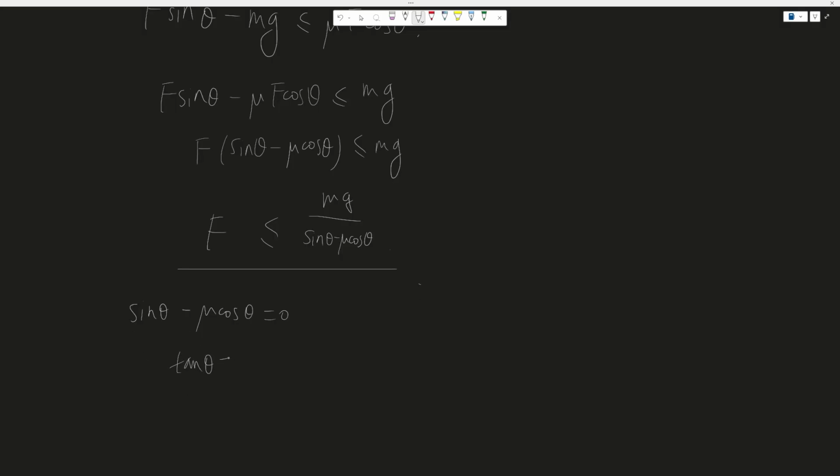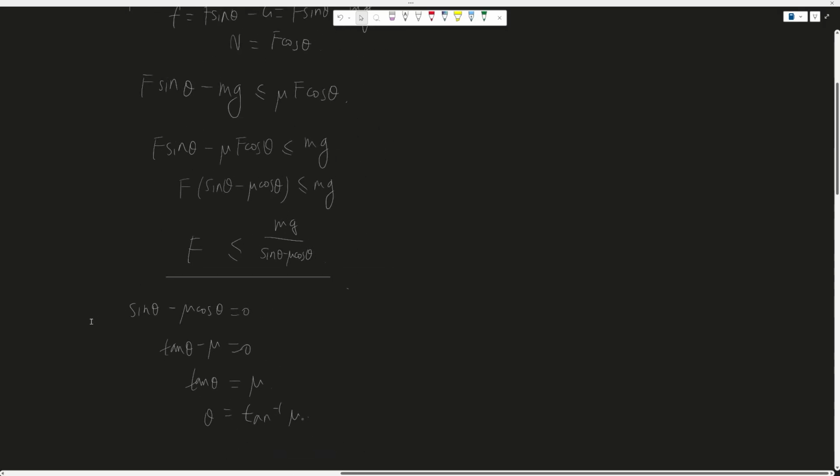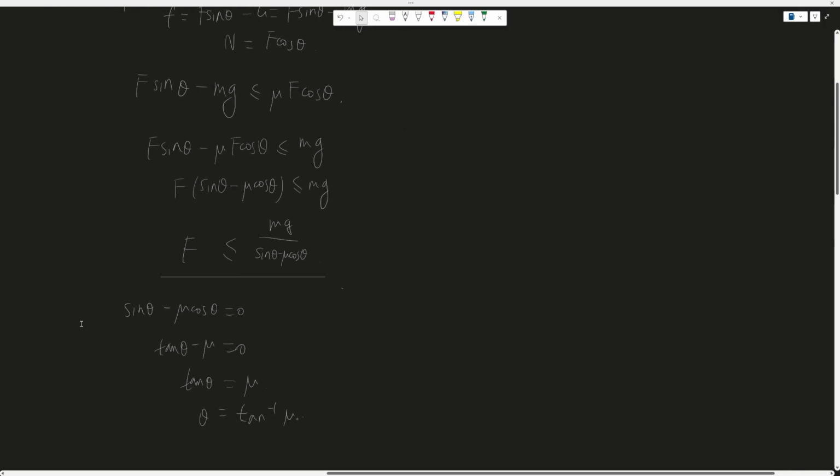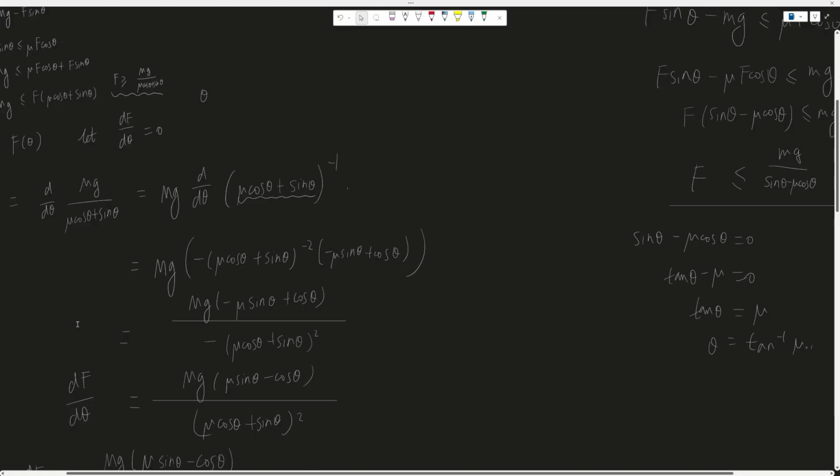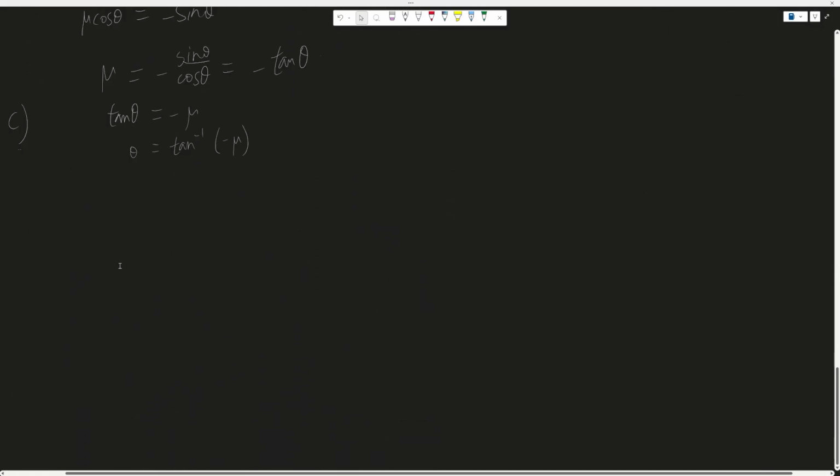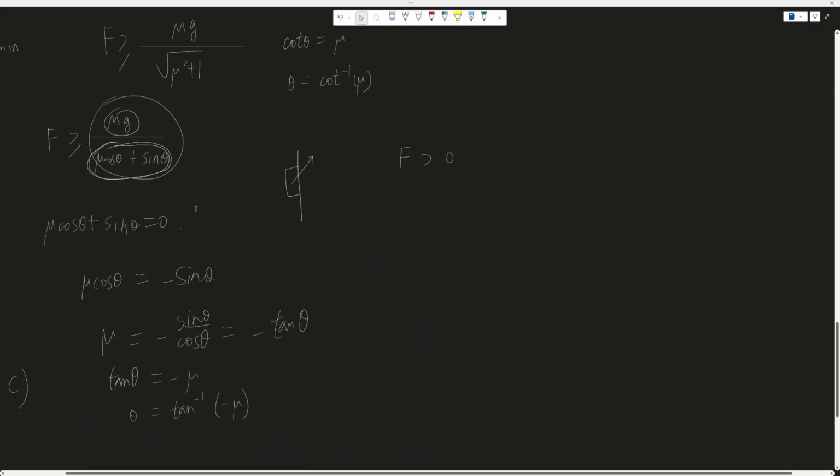So tangent theta minus mu equals 0, and then we know that tangent theta equals positive mu. Theta needs to be inverse tangent mu, and so that is the special angle. And that is really similar to what we found in the previous problem, which was negative mu.